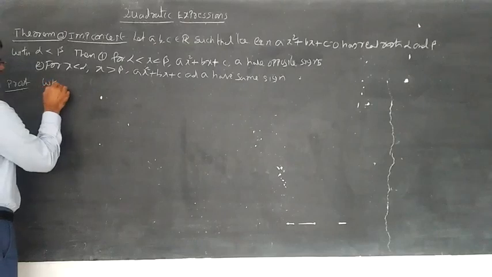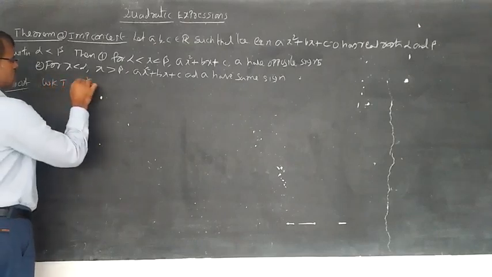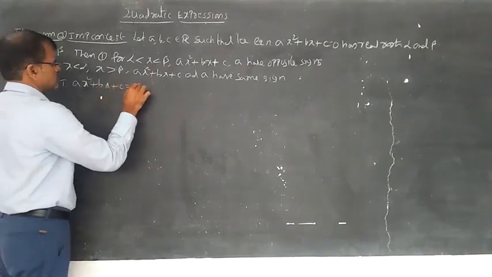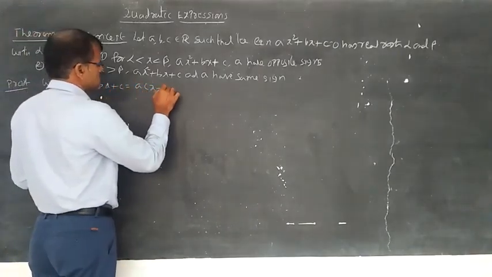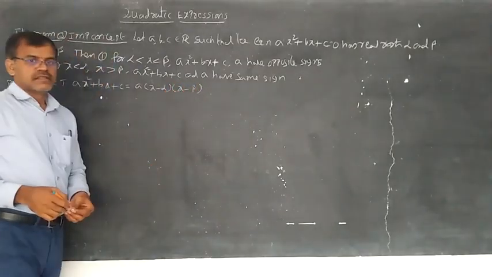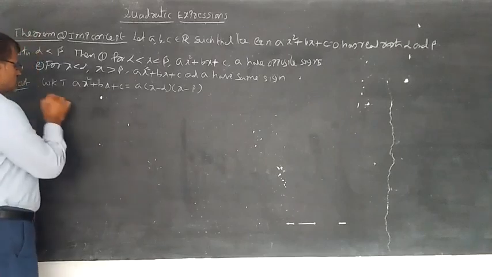We know that ax square plus bx plus c is equal to a into x minus alpha into x minus beta.